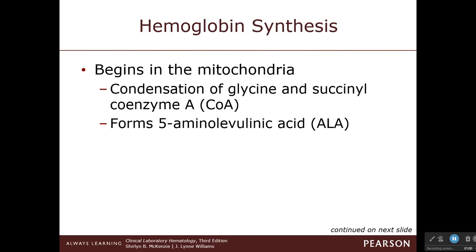I said if I ask you how heme production begins, you say glycine, succinyl coenzyme A. These two, through an enzymatic reaction, form 5-aminolevulinic acid, ALA.